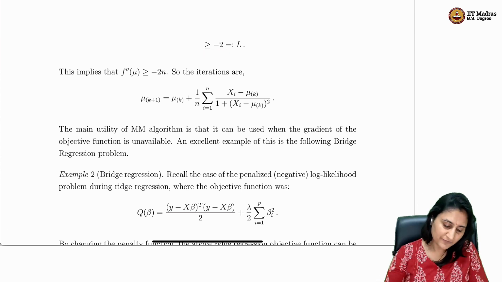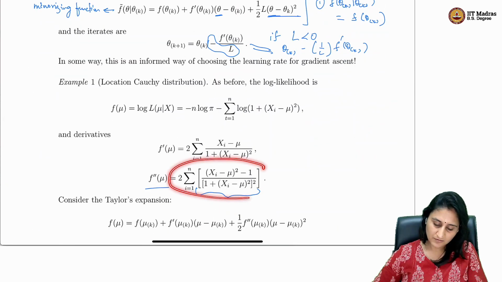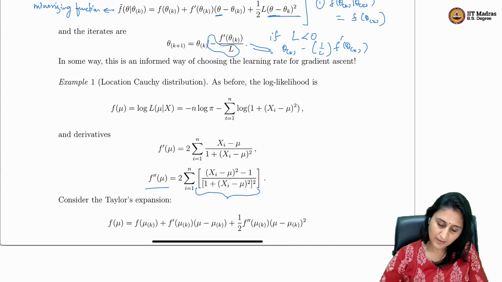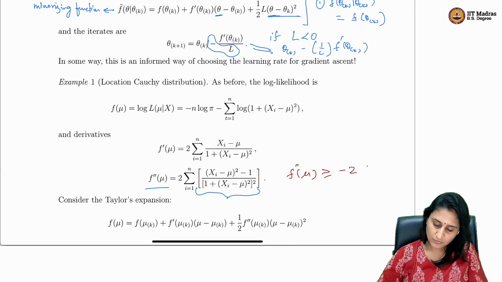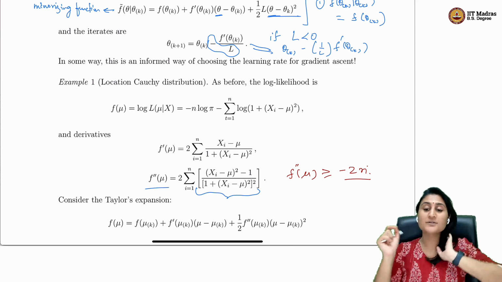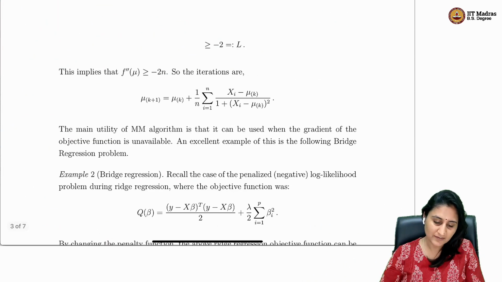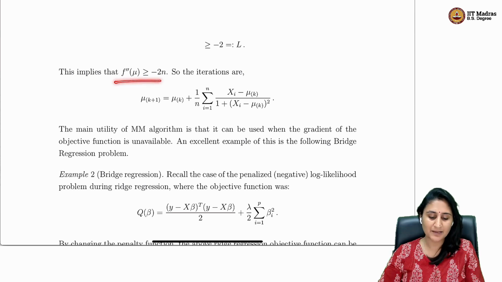So this implies what I finally get is that if I take this number here and I plug it back here, I then get that f double prime mu is greater than or equal to minus 2n. Right? And if you notice, this number turns out to be negative, right? So then I finally get that f double prime mu is greater than or equal to minus 2n.